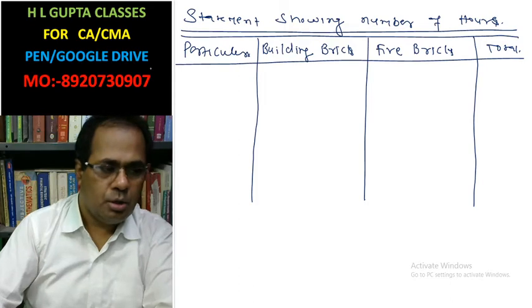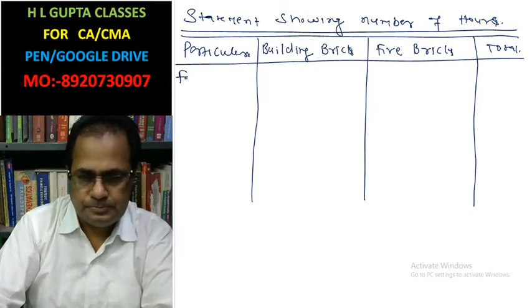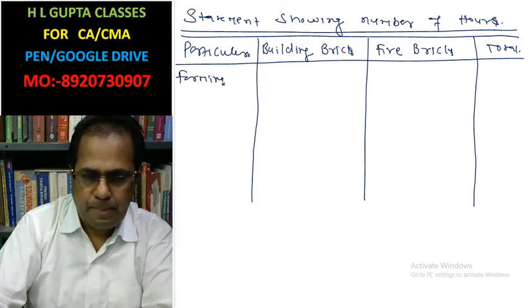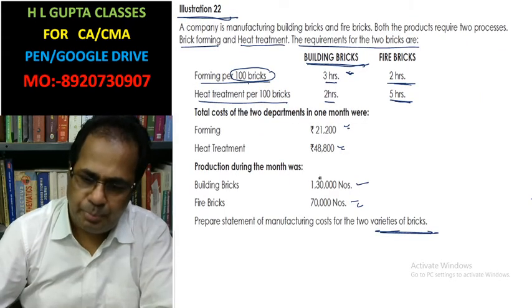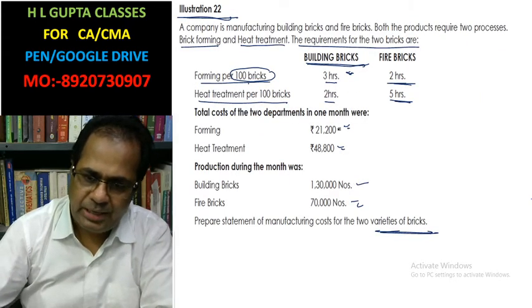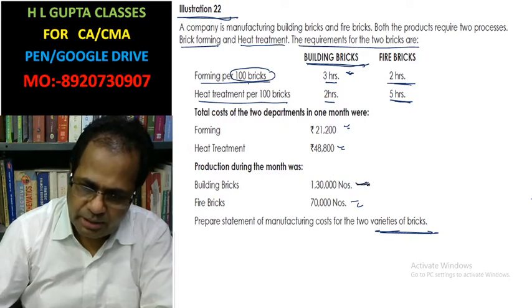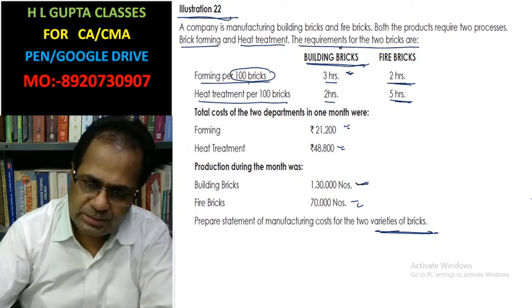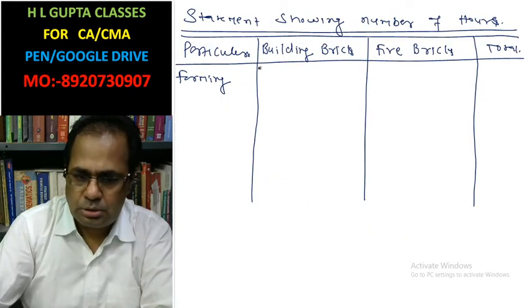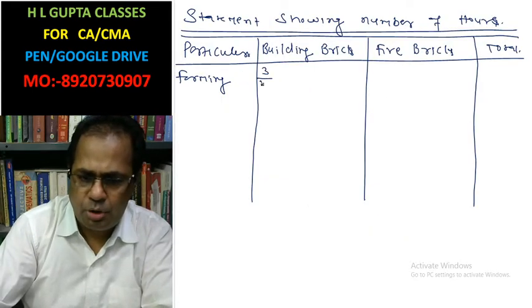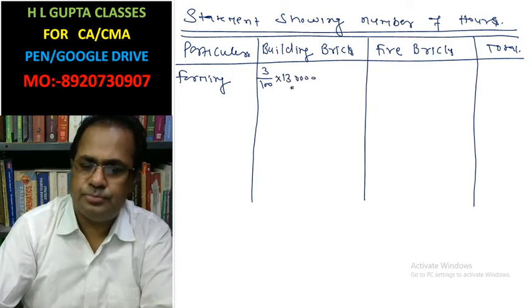Look at it. Forming. How many bricks are we going to make? Building, 1,30,000. Time period for 100 bricks is 3 hours, so for 1,30,000 bricks, what is the time?